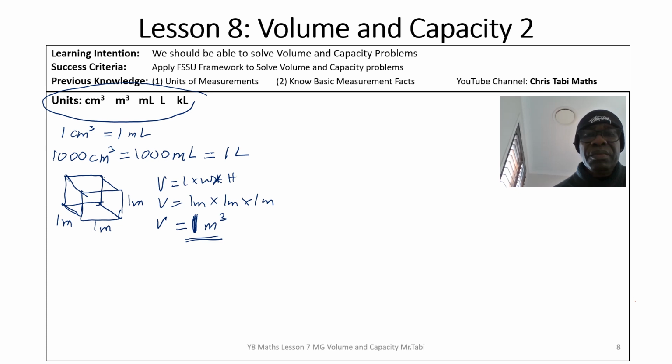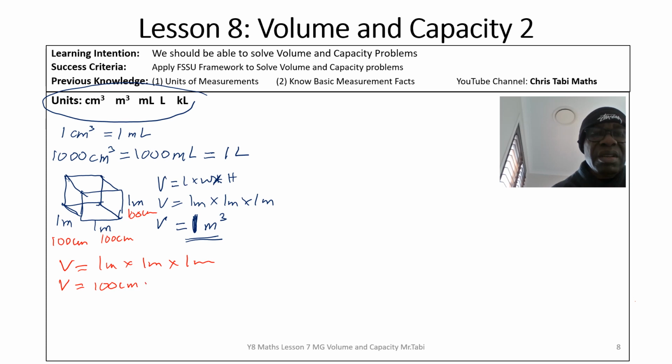Now, if this 1 meter we know is 100 centimeters, 100 centimeters, and 100 centimeters, then the same volume, which is 1 meter by 1 meter by 1 meter, in terms of centimeters, is 100 centimeters by 100 centimeters by 100 centimeters, which is equal to 100 by 100 by 100.